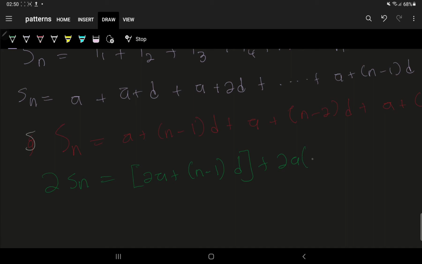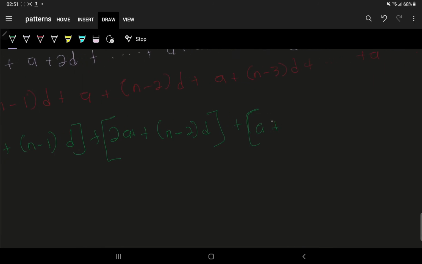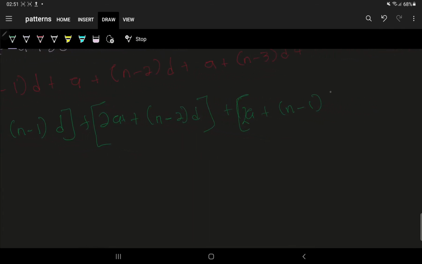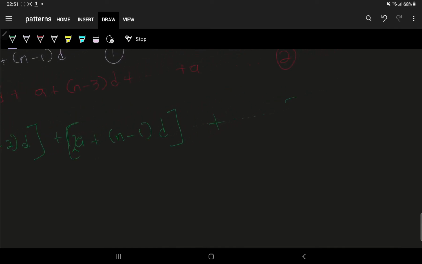Because this a will pair with this a now, let me put it in a bracket so that you don't get confused. 2a plus (n minus 2) multiplied by d, plus the next, which is again 2a plus (n minus 1) multiplied by d, until the last one, which is also going to be 2a plus (n minus 1) multiplied by d.